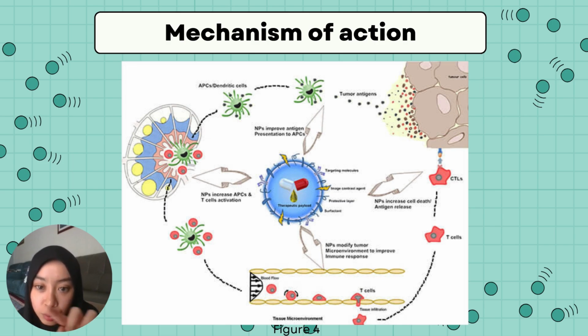Then they go to the tumor cells, and along the way, the nanoparticles also improve antigen presentation to antigen presenting cells. Lastly, nanoparticles increase cell death and oxygen release. As you can see, the tumor cells are starting to die.